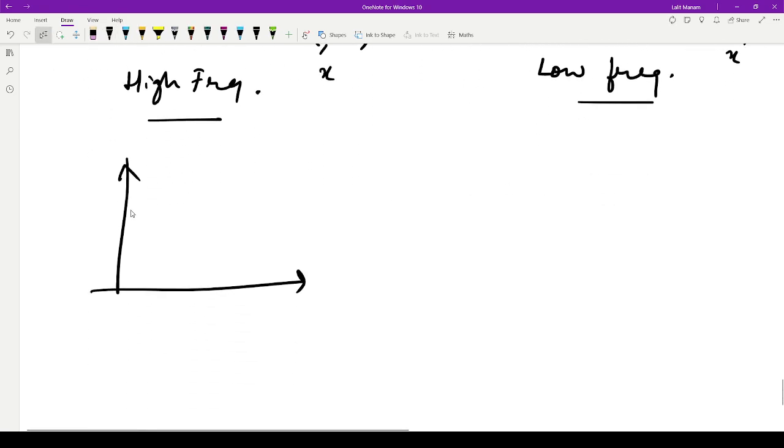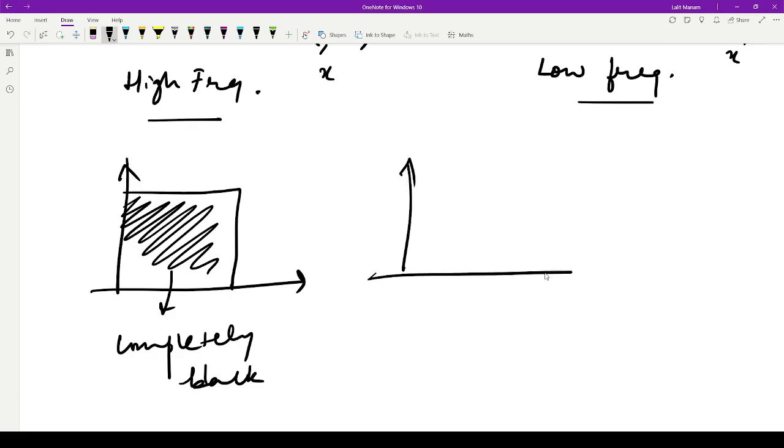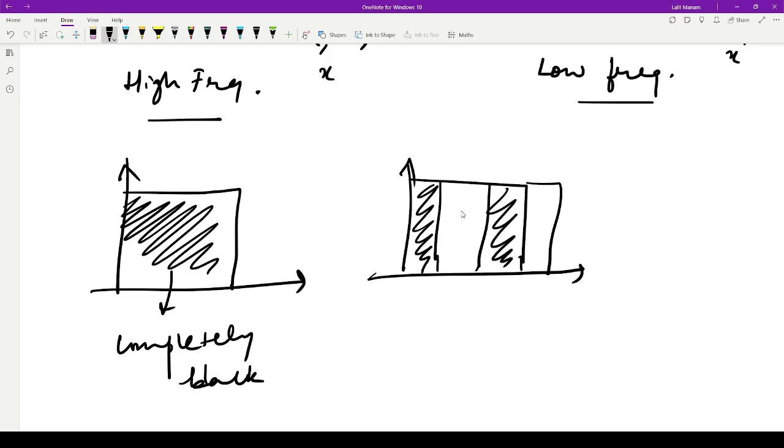Now, if I give you an image like this, it is completely black. And the next image that I have is striped: this part is black, and the rest is white.